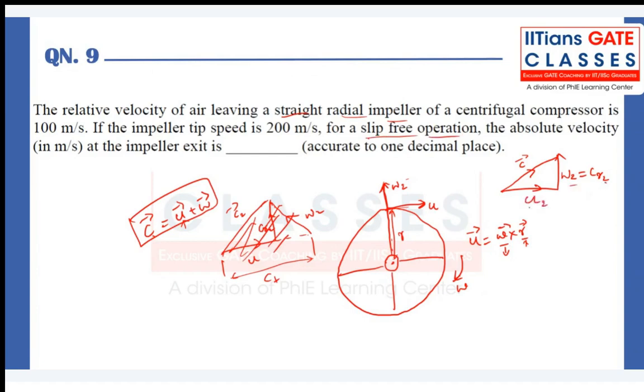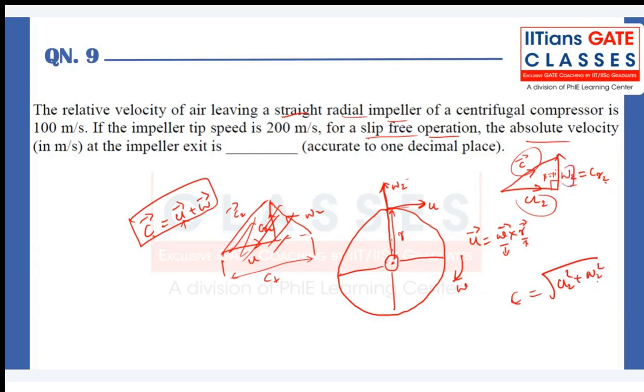They are asking me to calculate the absolute velocity at the impeller exit. I can easily calculate it because it's a Pythagorean triplet now. It's a 90-degree, a straight radial impeller, so beta is going to be 90 degrees for this case. So now I can easily calculate C equals the square root of U2 square plus W2 square. It's actually CR2 square, but CR2 is nothing but W2 in this case.